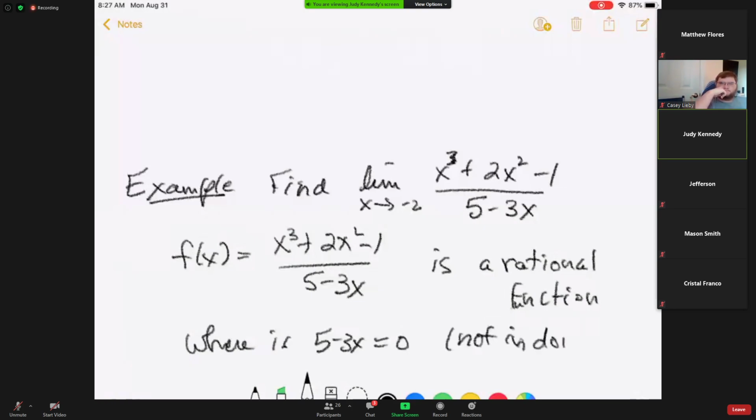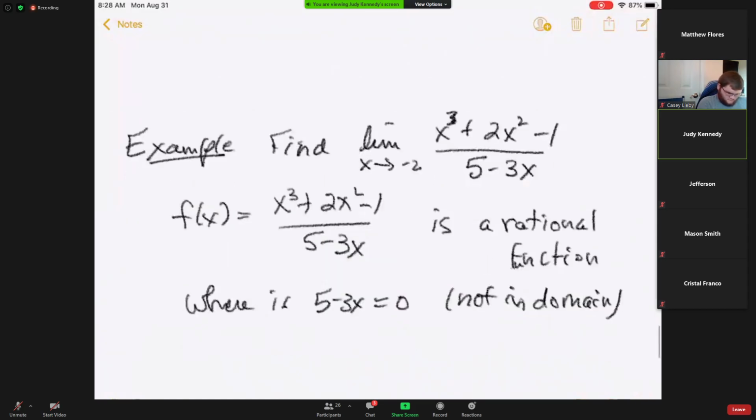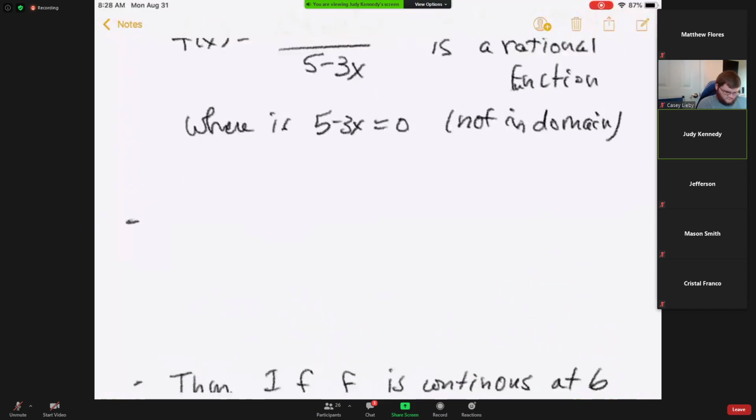You'd be trying to divide by 0. Well, that would say 5 is equal to 3x, so 5/3 is equal to x.